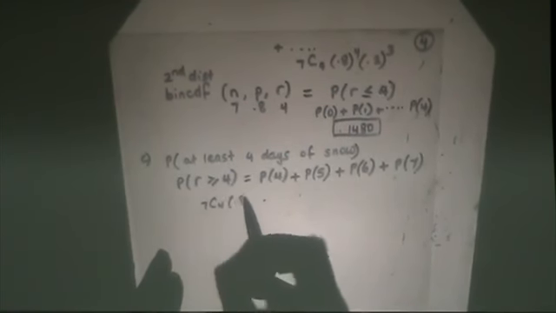This is what I'd have to do. 7 choose 4, 0.8 to the 4, 0.2 to the 3, plus 7 choose 5, 0.8 to the 5, 0.2 to the 2, plus 7 choose 6, 0.8 to the 6, 0.2 to the 1, plus 7 choose 7, 0.8 to the 7. I don't bother writing 0.2 to the 0 because anything to the 0 power is 1, right? But it's still too much work. 4 of these is too much work, right?